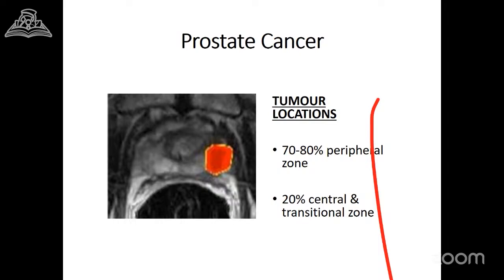So on this T2 weighted image, as you can see in the red marked zone, the area shows a tumor located in the peripheral zone. It appears as a focal low signal intensity lesion compared to the surrounding normal high signal peripheral tissue.